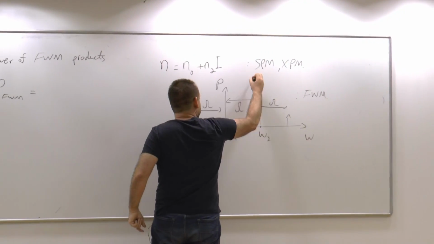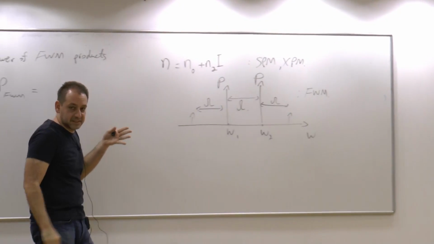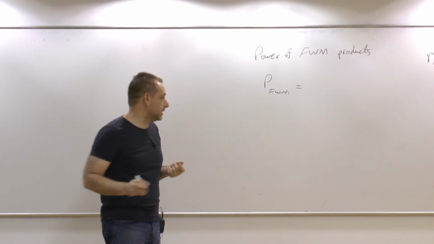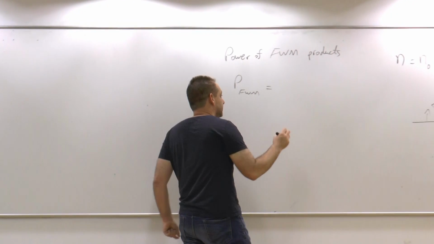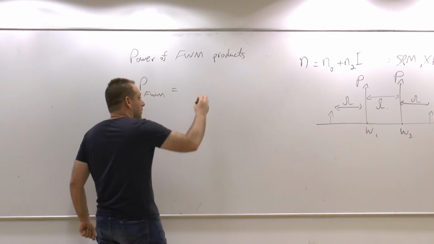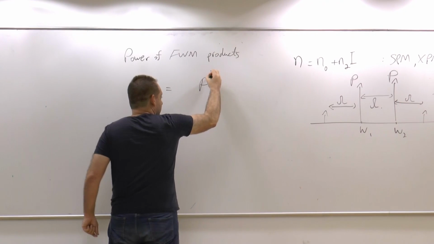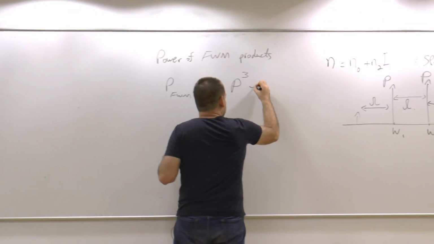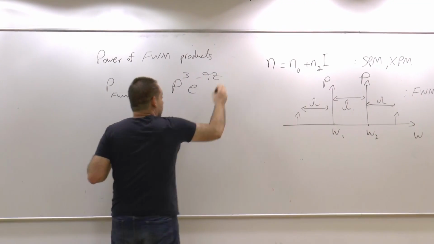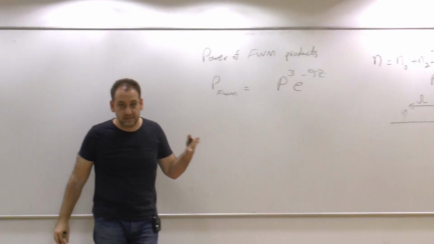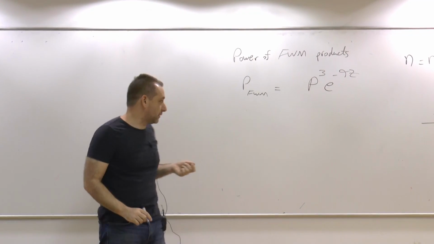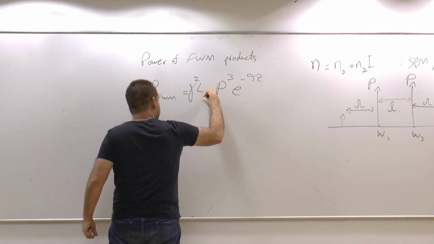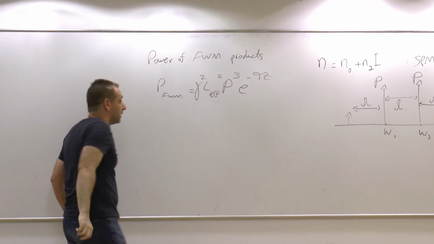So I'll call this P and P, and they do not have to be the same, but for simplicity, let us assume that they are the same. So what we'll get is a mixing power that scales with the third power of P. It will undergo linear losses like any signal finds linear losses in the waveguide, and the magnitude will scale with gamma squared and L effective squared.